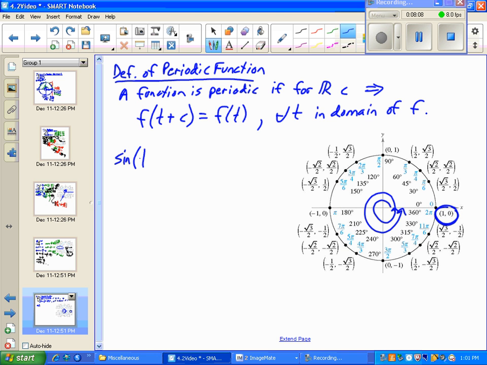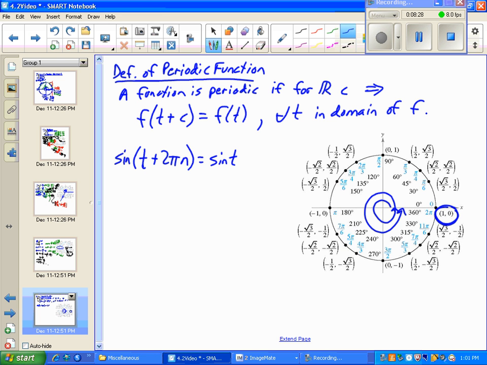So the sine of t plus 2 pi n is the same thing as the sine of t. In other words, the sine of 2 pi, your y value there, is 0. The sine of 4 pi is 0. The sine of 6 pi is 0.